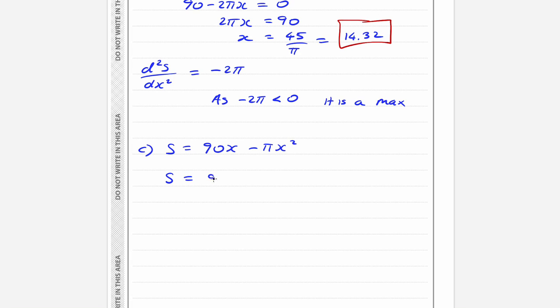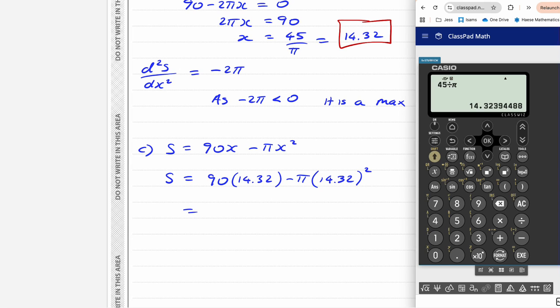So 90 times 14.32 minus pi times 14.32 squared equals, okay, 90 times 14.32 minus 14.32 squared times pi.